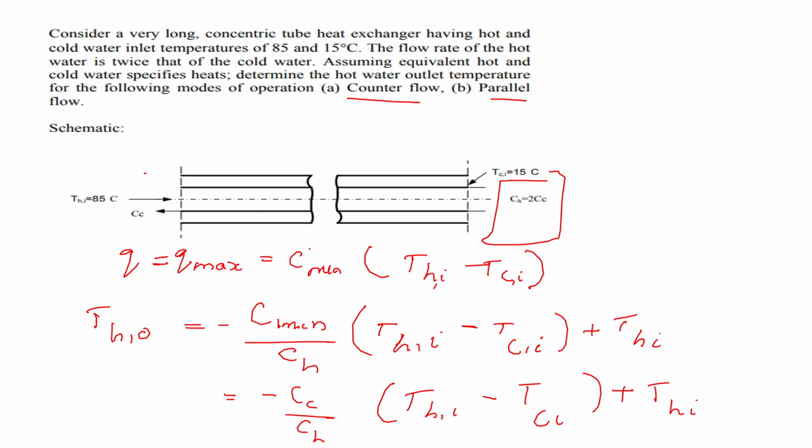It will be Q maximum, that is C minimum times T_h,i minus T_c,i. Now T_h,o, the outlet temperature, we have to calculate. For that, this is the formula we discussed in the last class: minus C minimum divided by C_h times (T_h,i minus T_c,i) plus T_h,i. Then we just substitute the values already given in the problem.